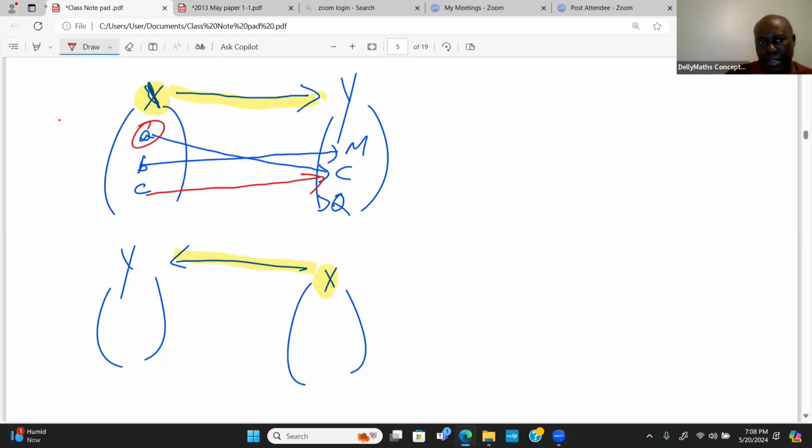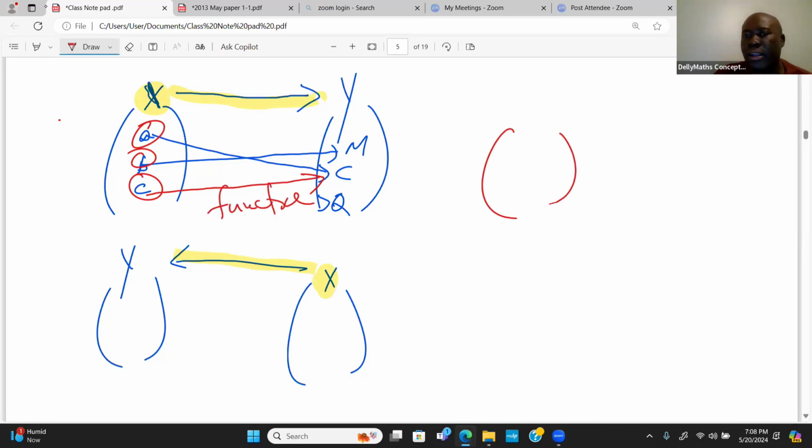Each X only went to one Y still. So the arrow leaving the X must only go one place. We don't care how many of them go there, but leaving. So this is a function here.